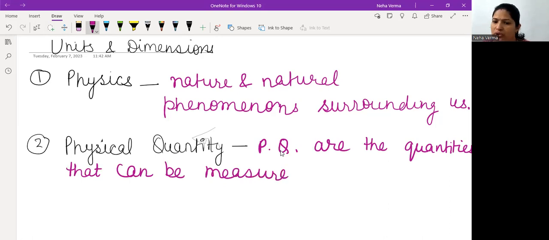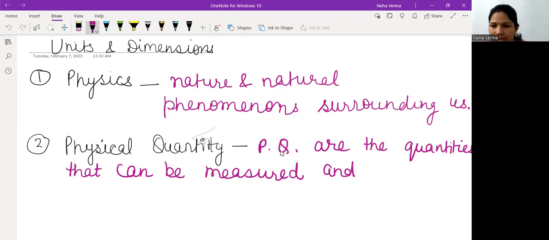We can have measurement for them, and also these are associated with physics, that means that should explain physics and the law of physics. So we can write here: physical quantities are the quantities that can be measured.